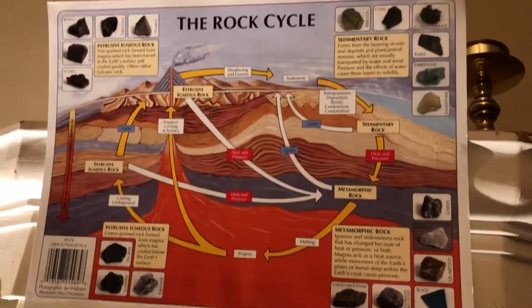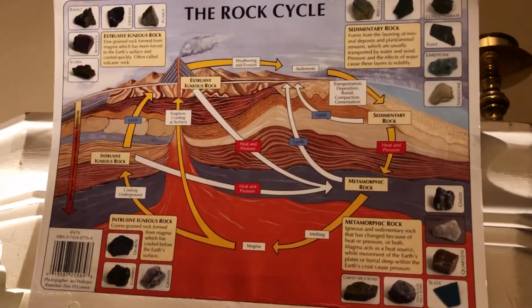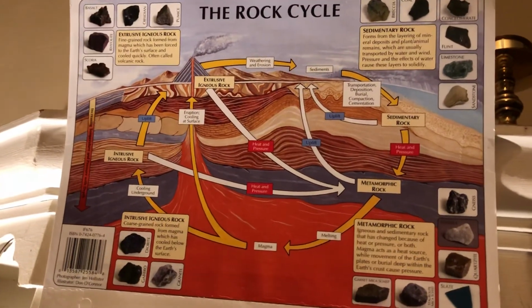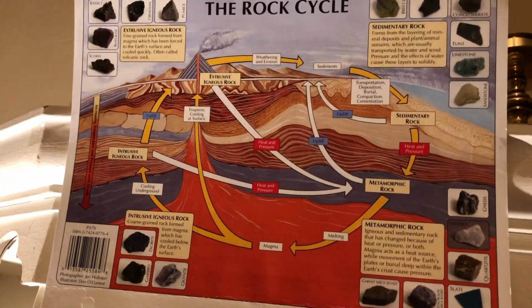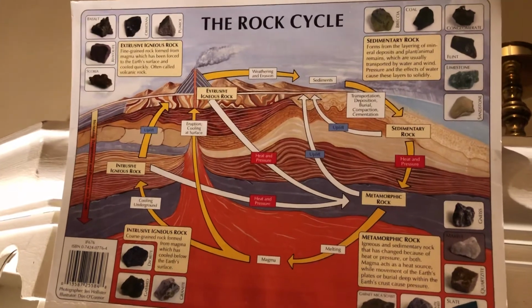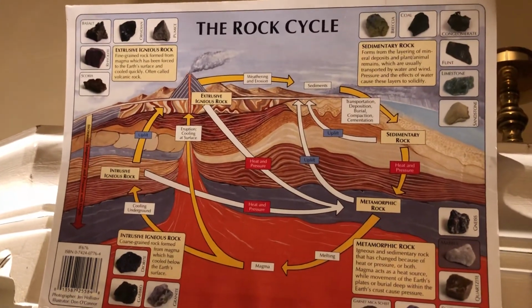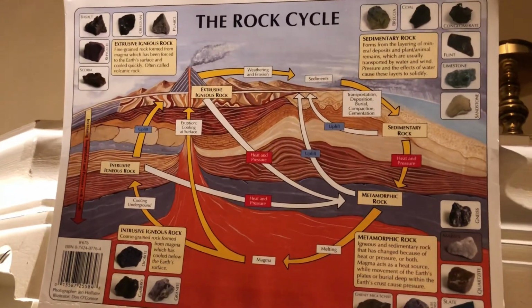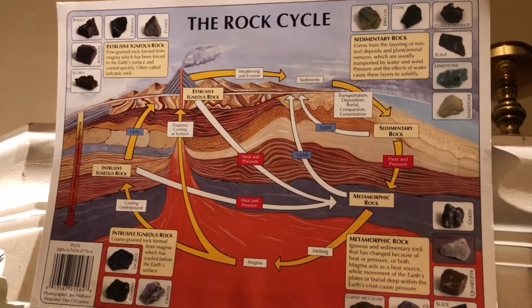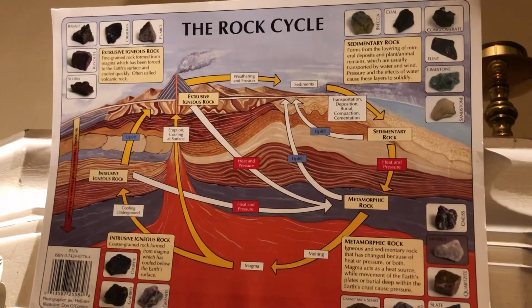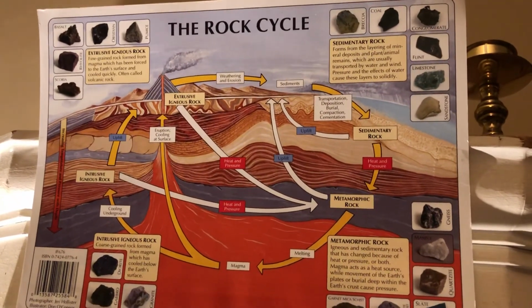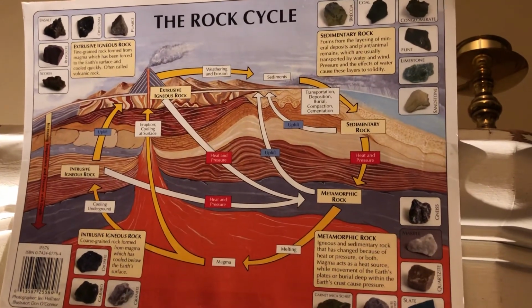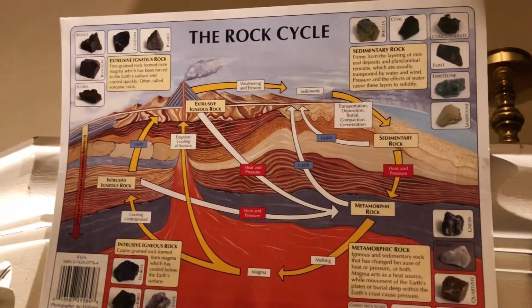Rocks can stay a certain type of rock for a long time. And sometimes it takes a long time for rocks to change into different types of rocks, but the matter is not created or destroyed. The minerals don't go away. The elements don't go away. They can change forms. They can change into different types of rocks, but those processes are not going to destroy the matter. So I hope this gives you a good review of the rock cycle.